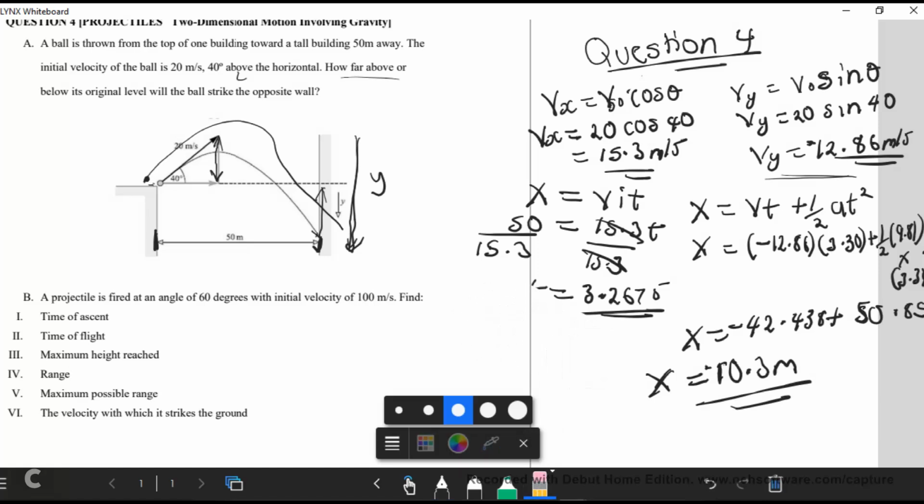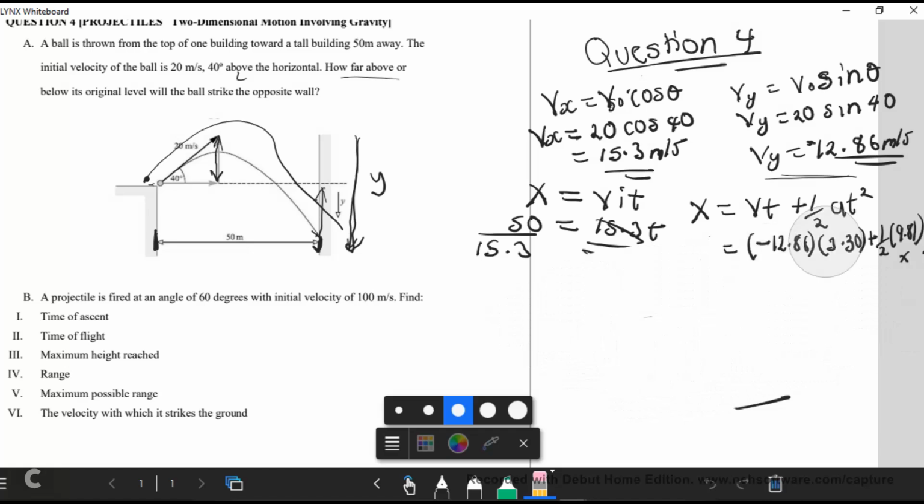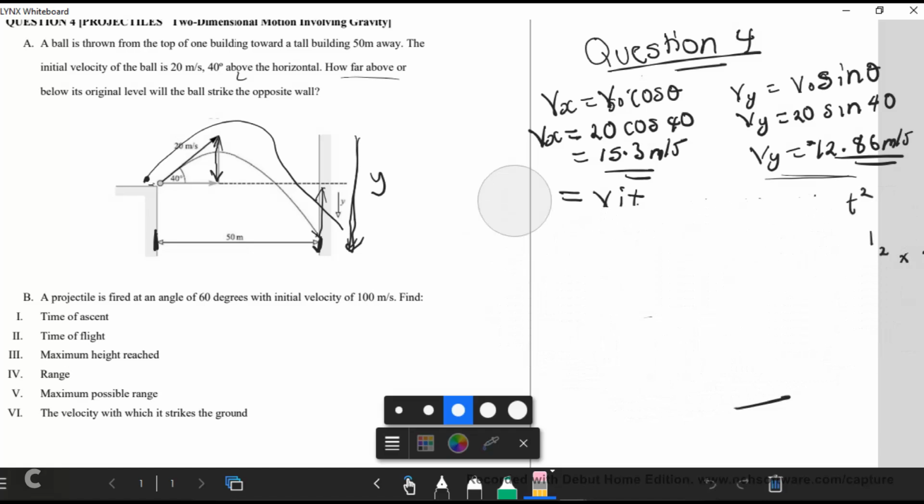This one is not a negative, it's just a 10. So that is how we solve this type of question.